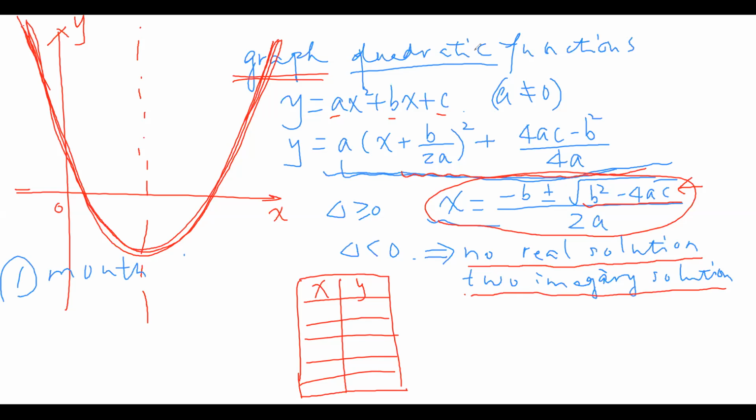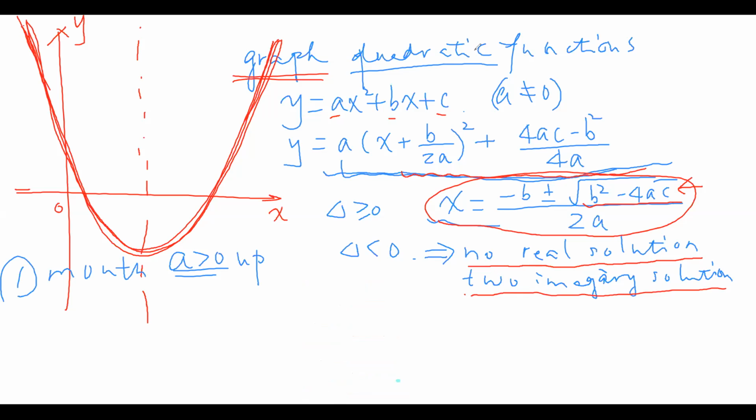When a is greater than 0, the mouth opens up. It looks like a cup, and the peak here is the bottom, so y has the minimum value.